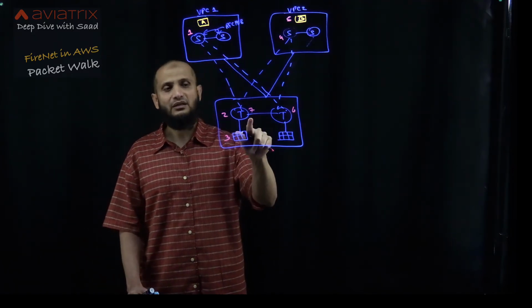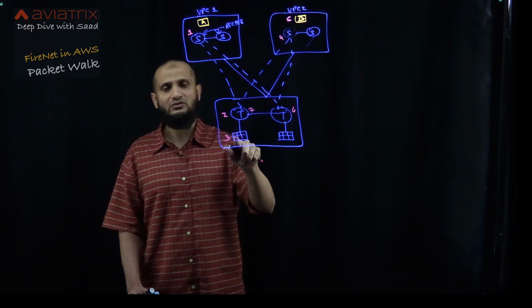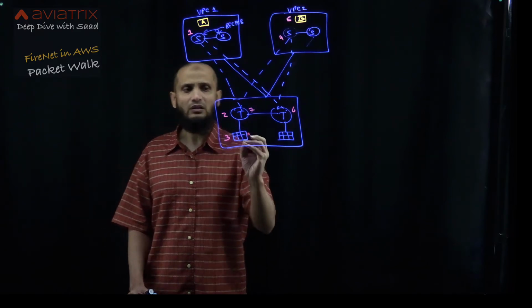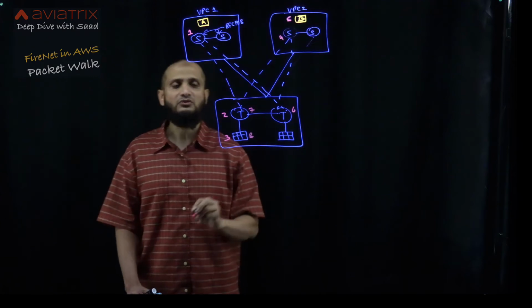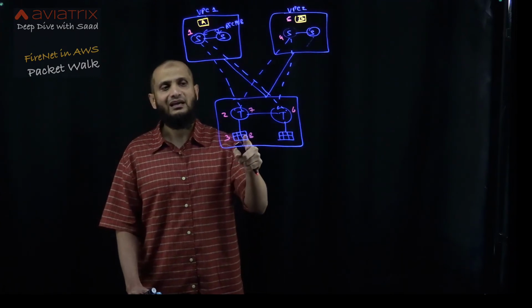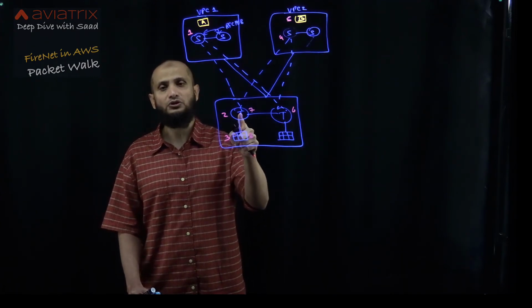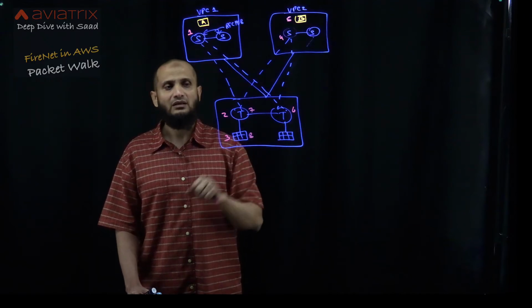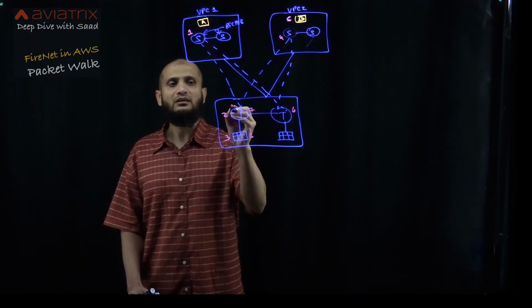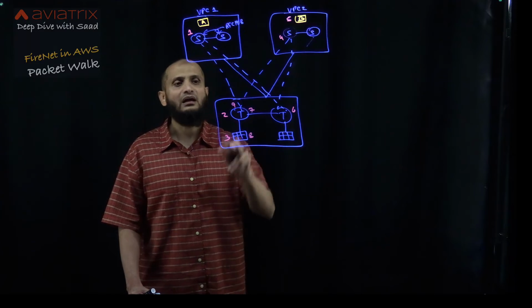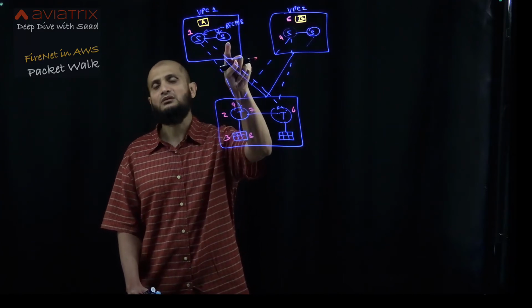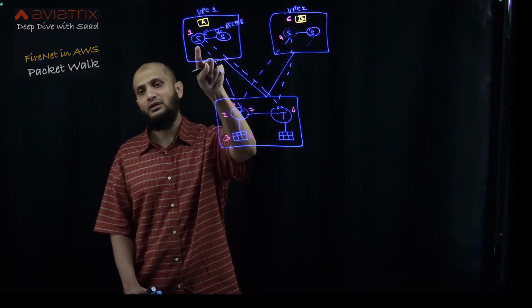Once the traffic gets there, the transit gateway is going to send the traffic over to the firewall. The firewall is going to inspect the traffic and send it back over to the transit gateway. Now, the transit gateway is going to send the traffic either to this spoke HA or the primary.